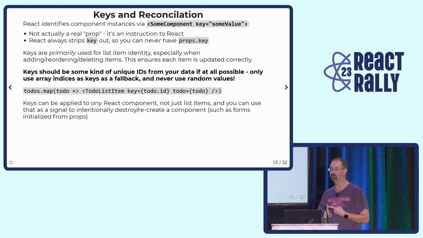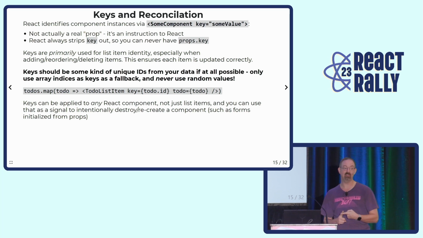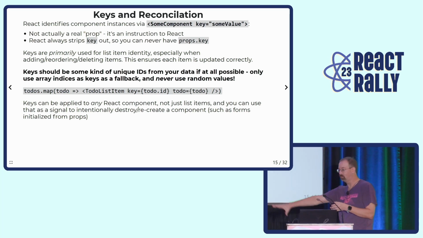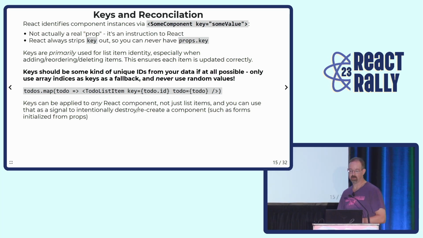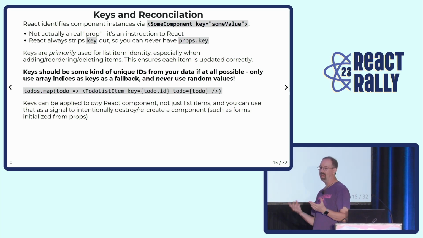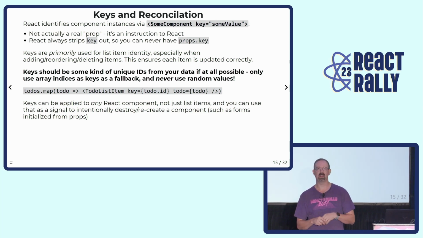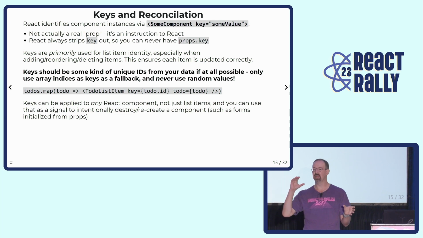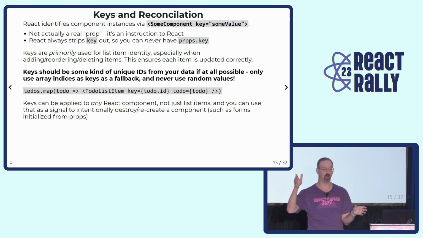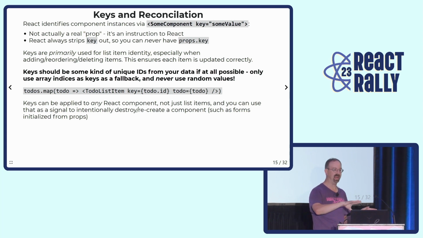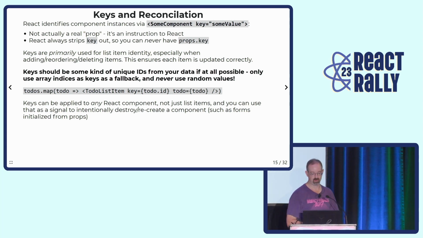Never, ever use random numbers generated while rendering as keys, because those will always be different, and tell React to destroy that data and recreate it. You can also use keys for things like forms. So maybe you've got a list of some items and a form with some details. You could apply a key on the form to tell React, okay, go ahead and get rid of the form and recreate it later as you select something.